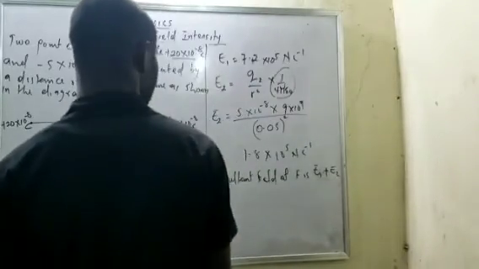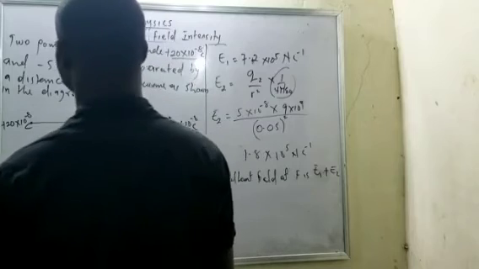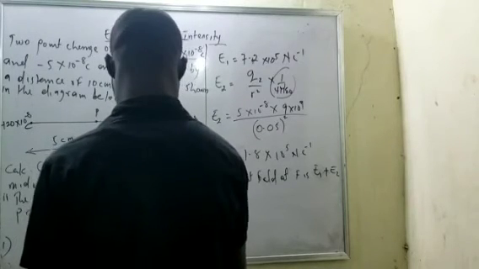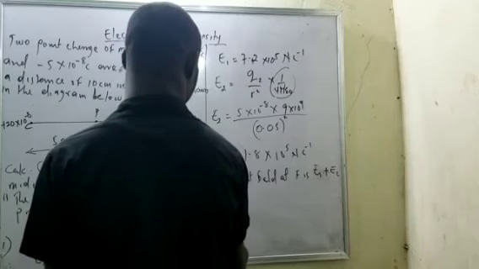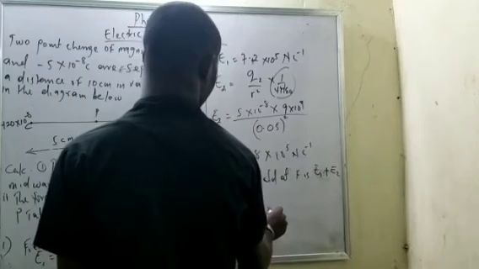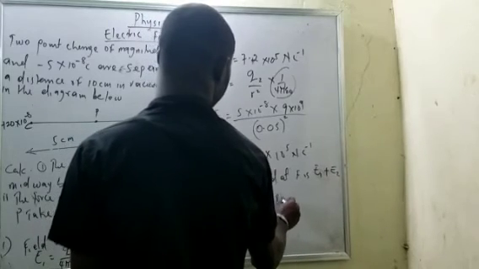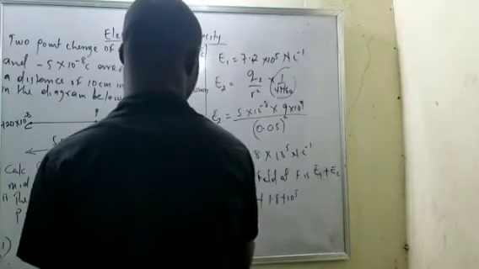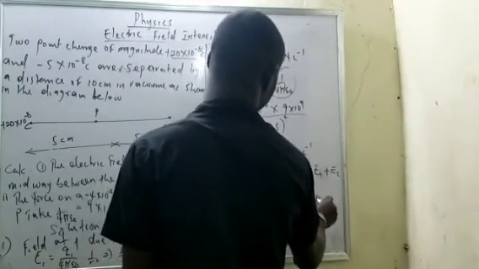Now we all know what is our E1, which is 7.2 multiplied by 10 raised to power 5 plus 1.8 times 10 raised to power 5 Newton per coulomb.